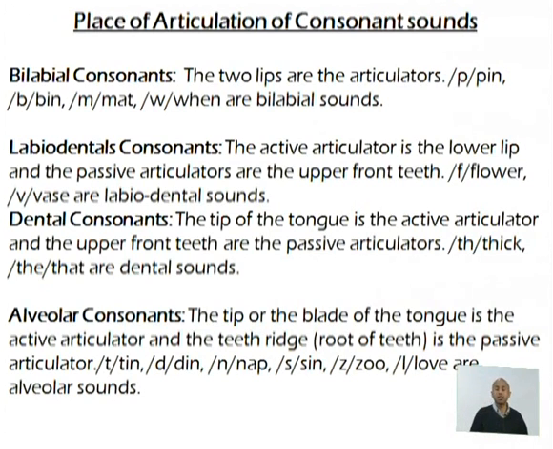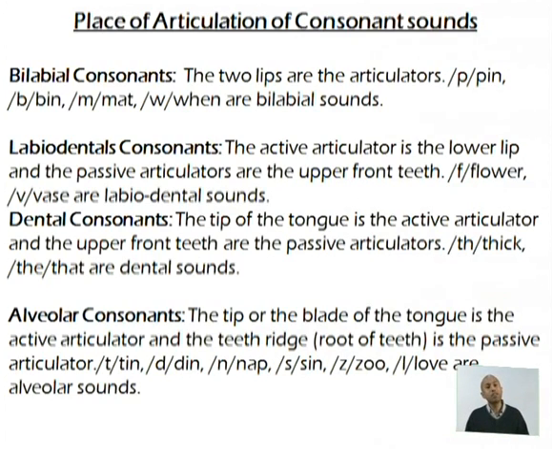Like th, thick, the. These are dental sounds. Of course, I'm not explaining too much about how each of these sounds is produced. We're just getting to know bilabial, labiodental and dental consonants. Each sound is covered individually in the coming sessions.